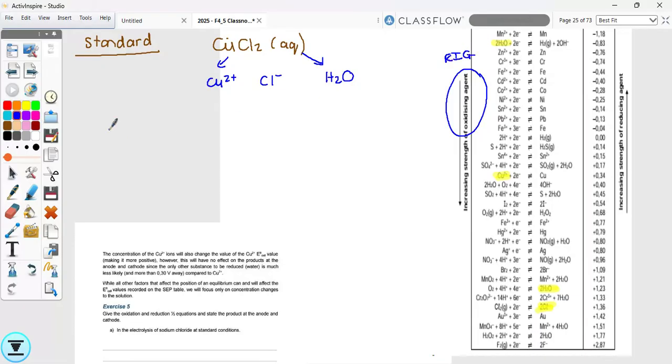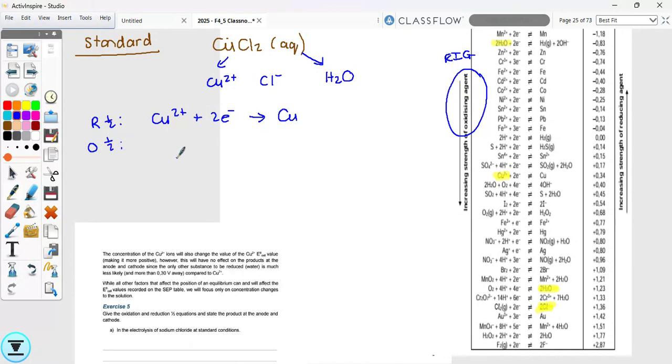So I can write my reduction half reaction, and that would be which one? Great. Cu2+ plus 2 electrons, one-way arrow, forms copper.